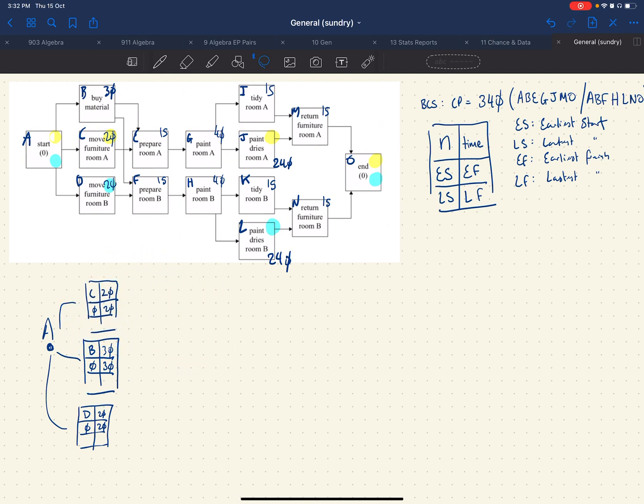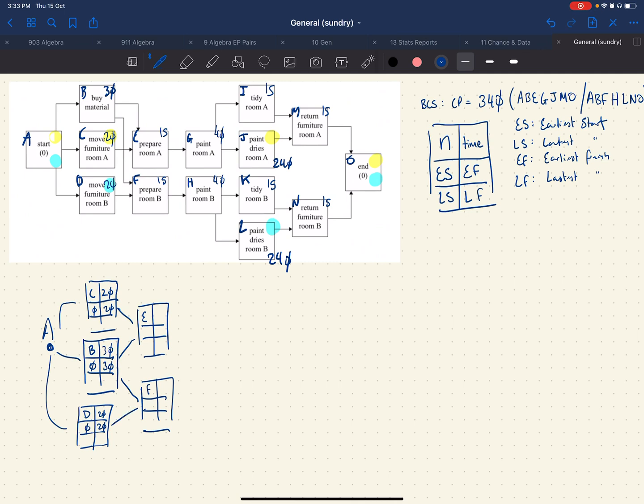So we've got now E here and F here, E and F. And we're just going to make sure this makes sense. So C goes to E, B goes to E, B also goes to F, and D goes to F.